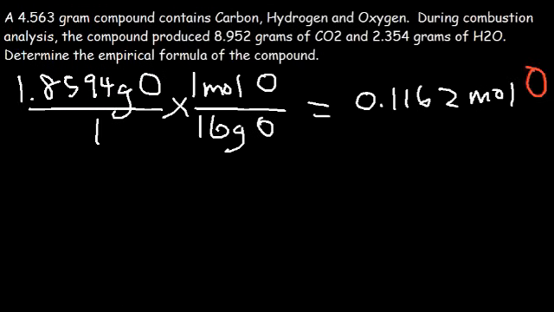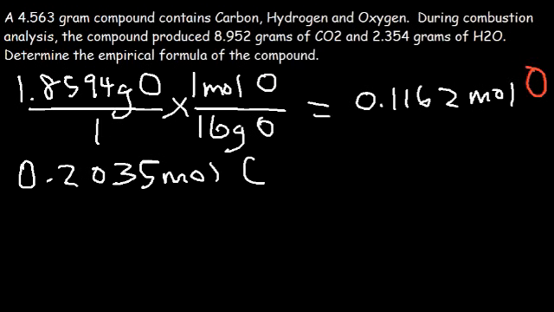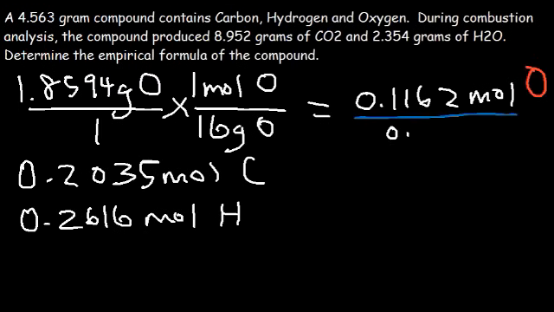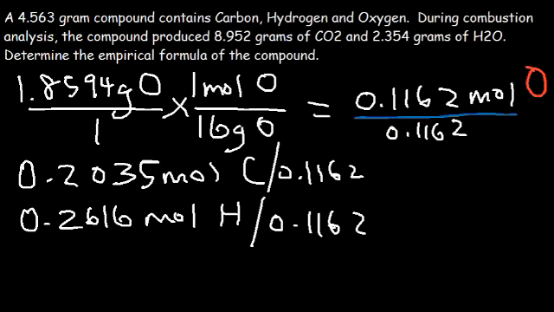Now earlier we mentioned that we had 0.2035 moles of carbon, and we also had 0.2616 moles of hydrogen. So now we're going to divide each number by the smaller of the three numbers, which is going to be 0.1162. So for oxygen, it's going to be 1.